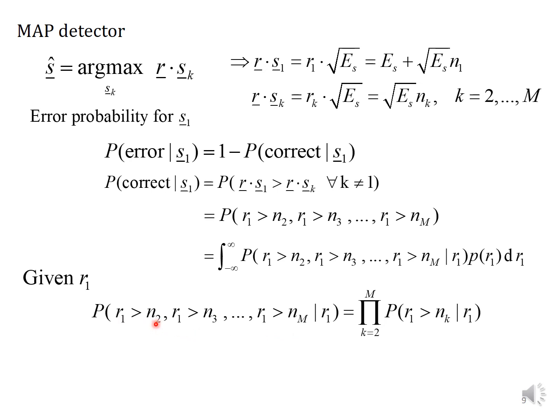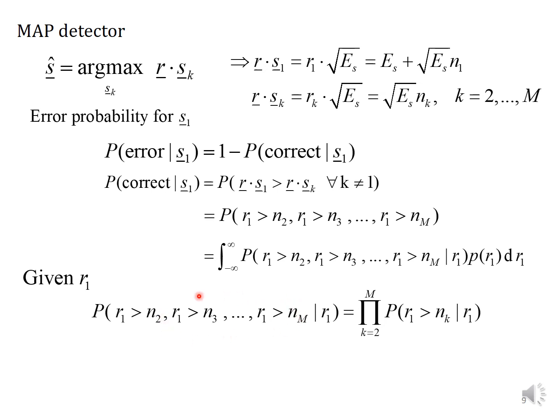N2 is orthogonal to, that is independent of, N3, N4 to Nm. They are all independent, right? Here R1 is a scalar value, and N2, N3, Nm are random variables. All these noise random variables are independent of each other.